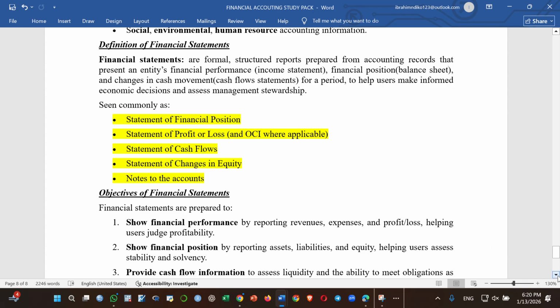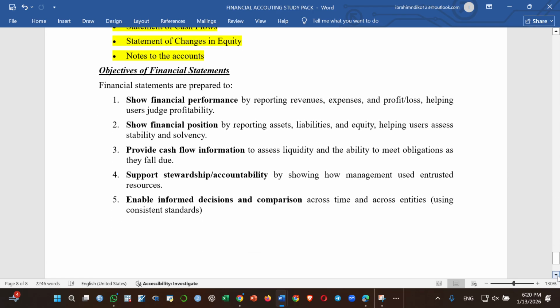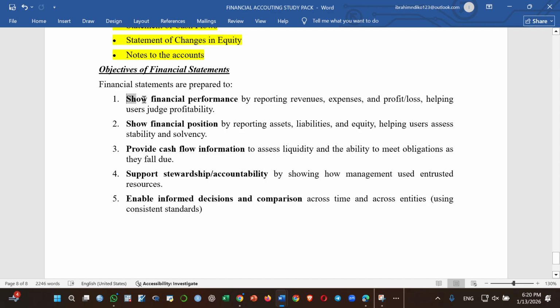Now, objectives, we have already said, I think I will not repeat. Number 1, the objective of the financial statement is the same as the objective of financial accounting. So remember we said earlier at the beginning the objective of financial accounting. So it's the same. Number 1, to show the financial performance.